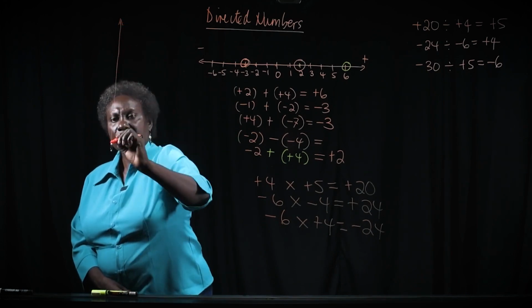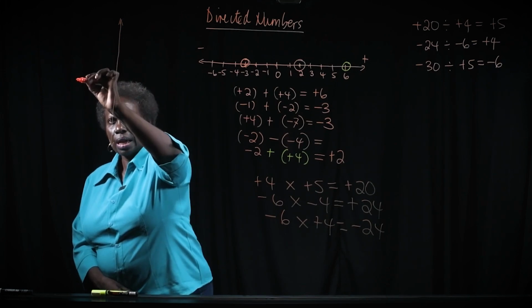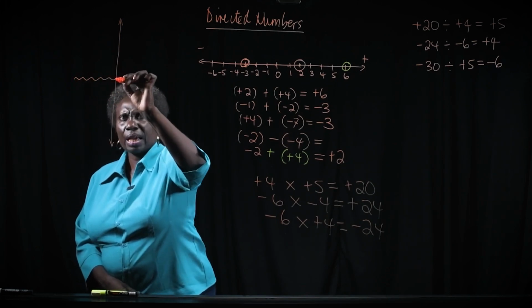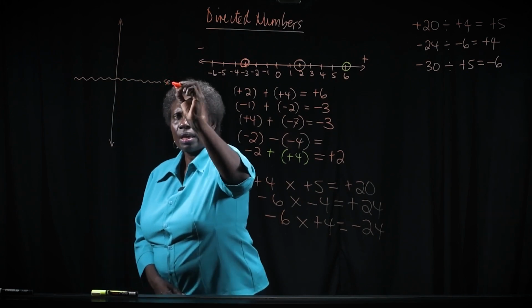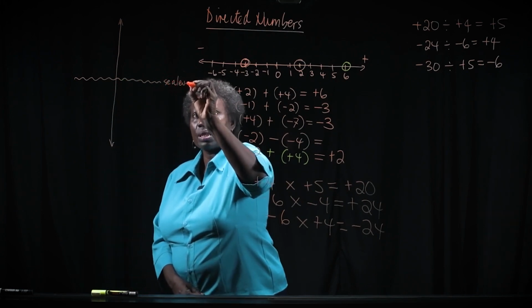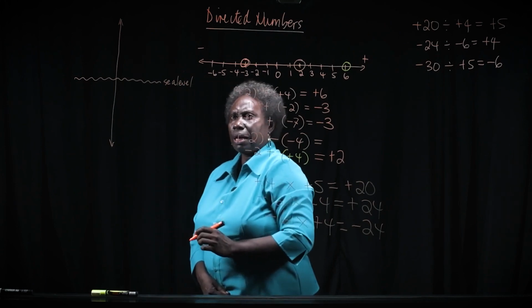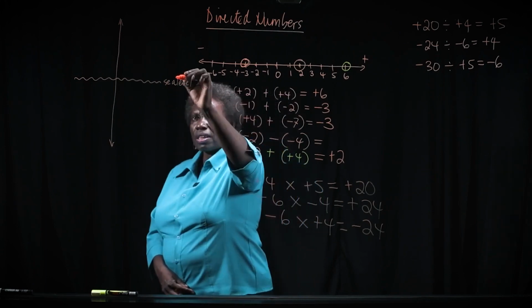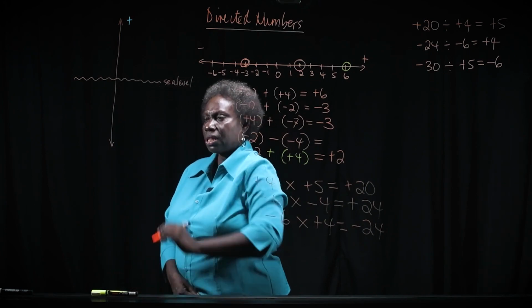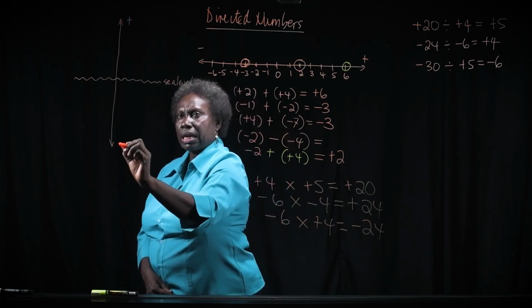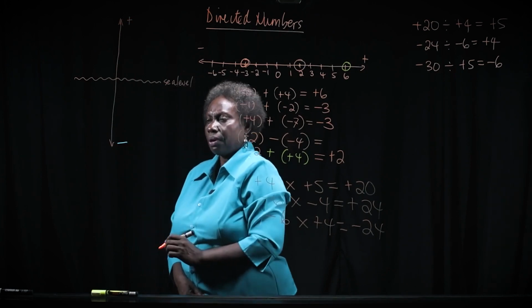Oops, my line doesn't look straight. And I have the sea level here. The sea level now acts as my reference point, or we call it the zero level. Now, above the sea level are the positive values in meters, and below the sea level are the negative values in meters.